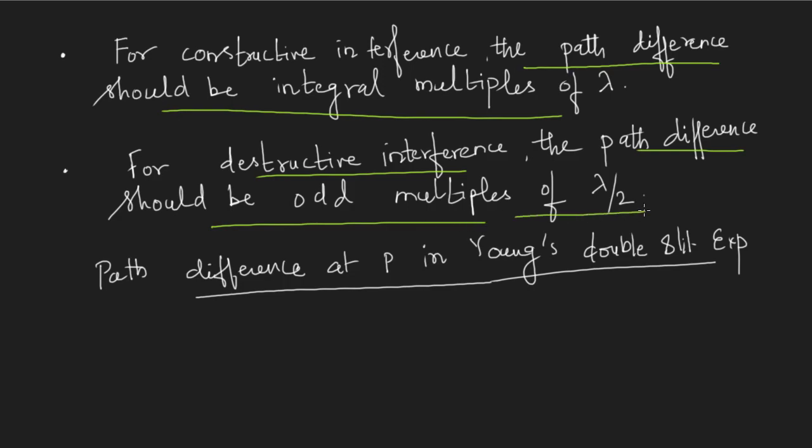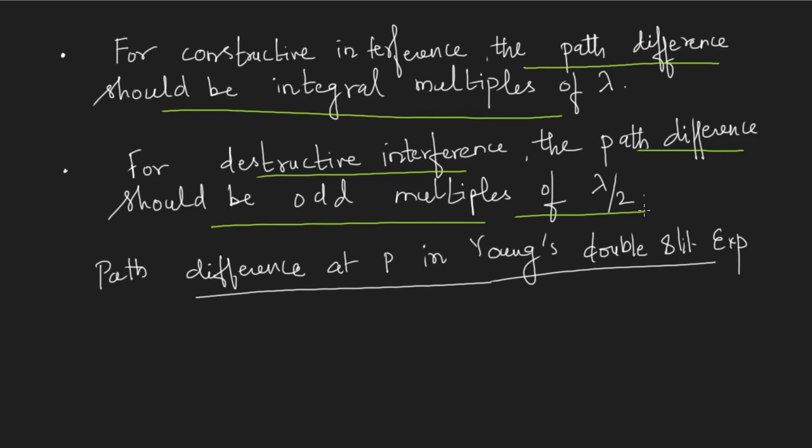Now these are the general statements. Whatever experiment I do, I can find what are the conditions for constructive and destructive interference by finding out the path difference. So the most important quantity which we require to find in any experiment in order to understand the interference phenomena is the path difference.